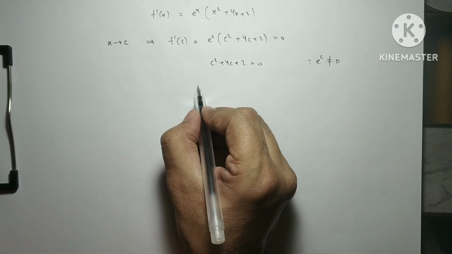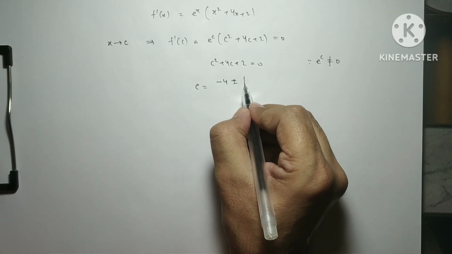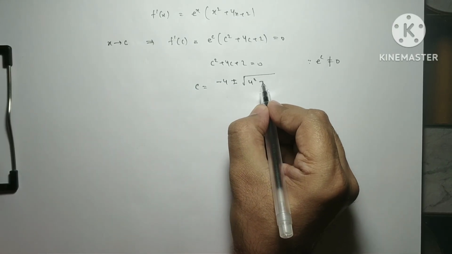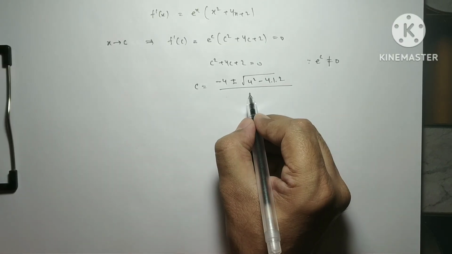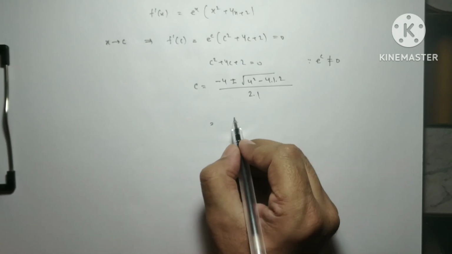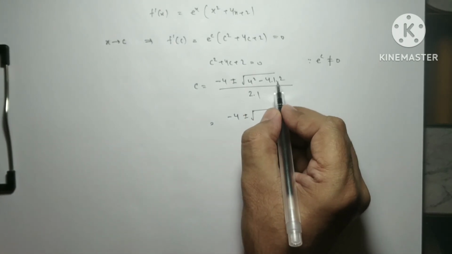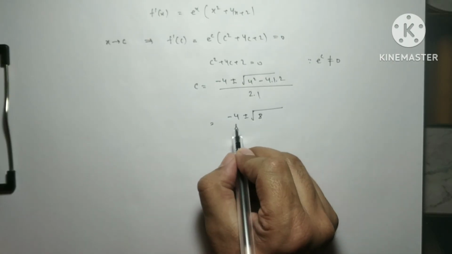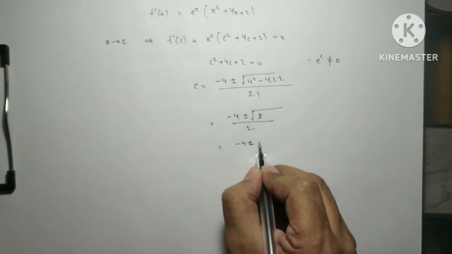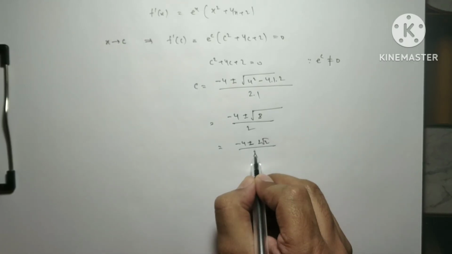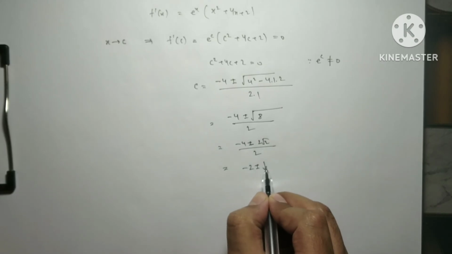On using the quadratic formula, c equals (-4 ± √(4² - 4·1·2)) divided by 2·1. So this is 16 minus 8, so you get 8, and c equals (-4 ± 2√2)/2. So you get -2 ± √2.